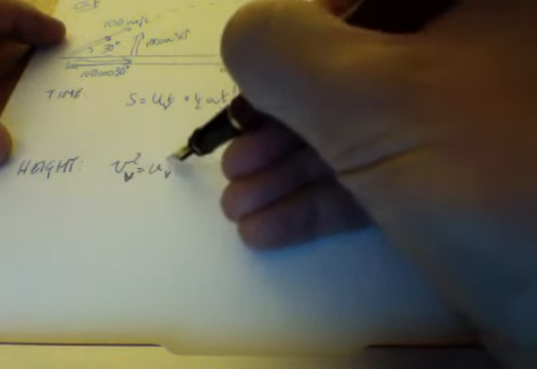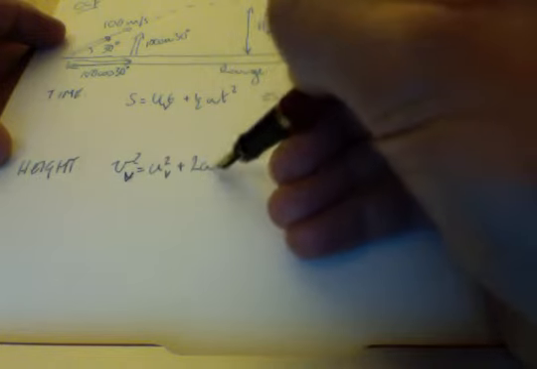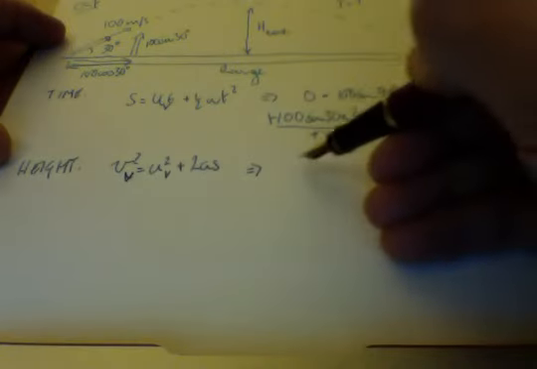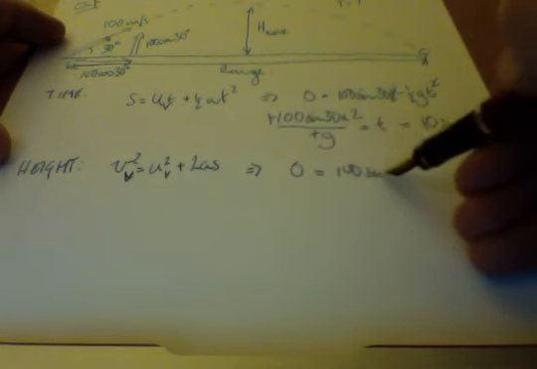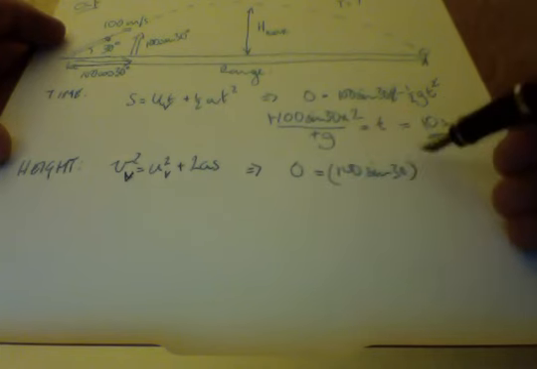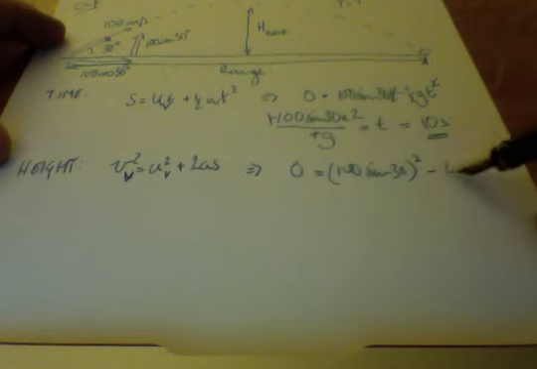Let's look towards the height. We are going to look again vertically and say that the vertical final velocity is going to be 0 at maximum height. Of course, my initial velocity is 100 sine 30 squared minus 2gs, minus because it's opposing the motion.